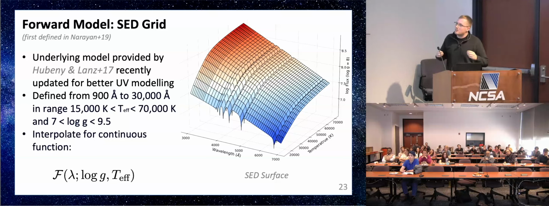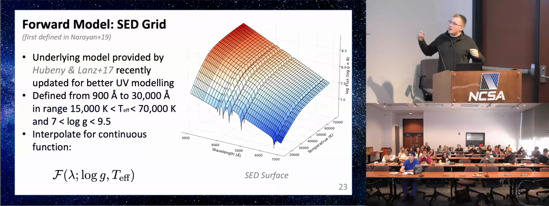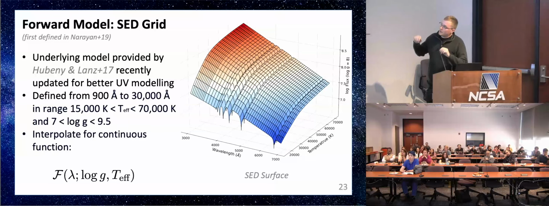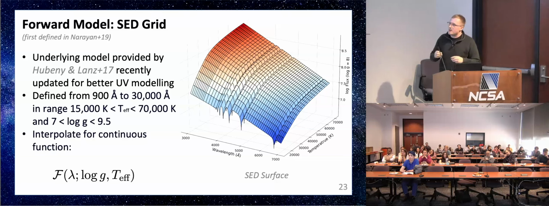And what we do is we begin with a template, and this template is a theoretical template that describes what a DA white dwarf should look like. So it's a black body spectrum with these hydrogen absorption features. These are the Balmer series, and this is what makes DA white dwarfs so special. They've got pure hydrogen atmospheres, so they give you this very clean SED.